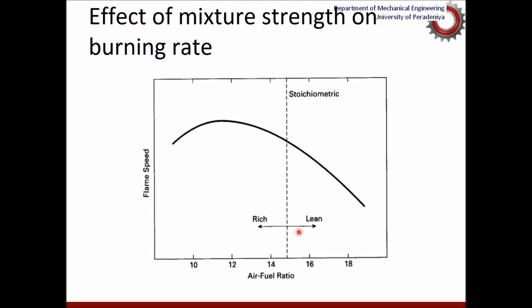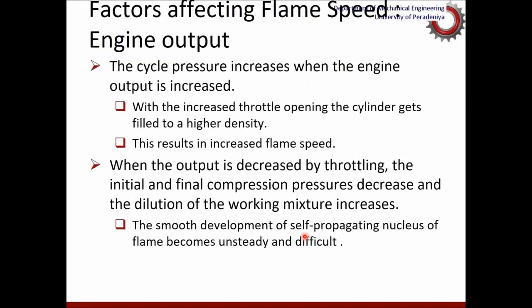And on the other hand, if you go to the leaner side of the mixture, where more air and less fuel is burnt, then you release less energy, therefore the flame speed will be less.